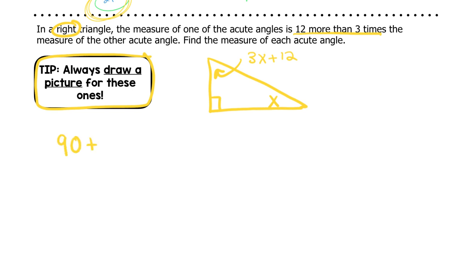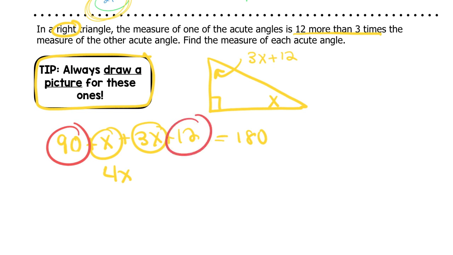So 90 plus x plus 3x plus 12, right? I'm adding up all 3 angles to equal 180. And then we just have to solve this thing. All right, so like terms, we've got 3x's and 1x become 4x's. We have 90 and 12, which we will add up to equal 102.